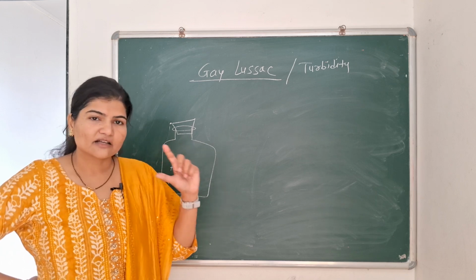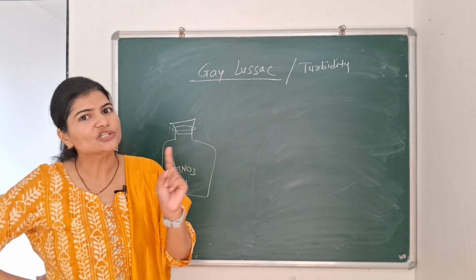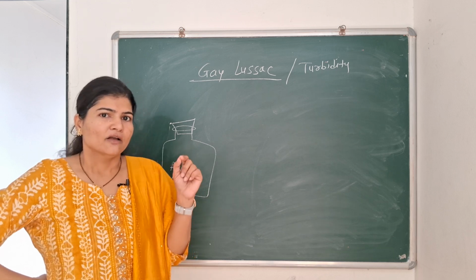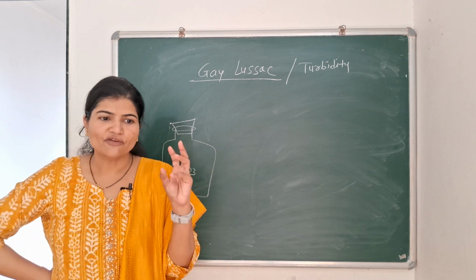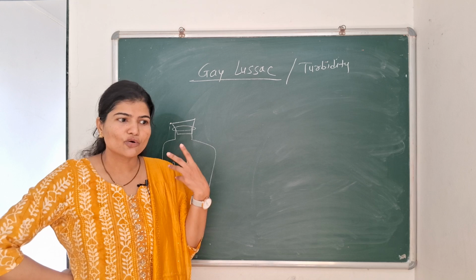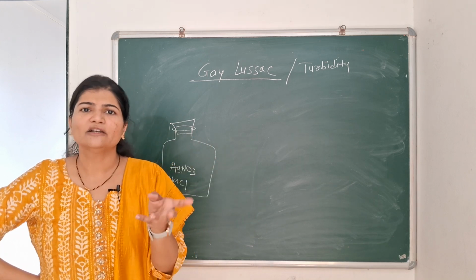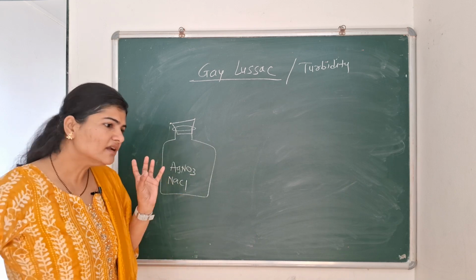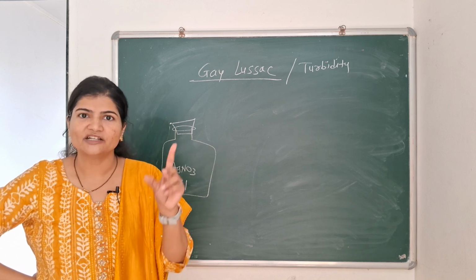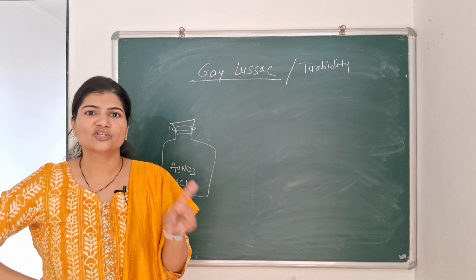So if turbidity is showing, it means precipitation is going on, it means the reaction is not yet complete. After addition of 80-90 ml, I will reduce the volume of silver nitrate. Earlier I was adding 10 ml, 10 ml, 10 ml, now I will add 5 ml, 2 ml, 1 ml. And ultimately at one point I will realize that even after addition of silver nitrate, when I shake the bottle, turbidity is not getting formed, which means the reaction is now complete.